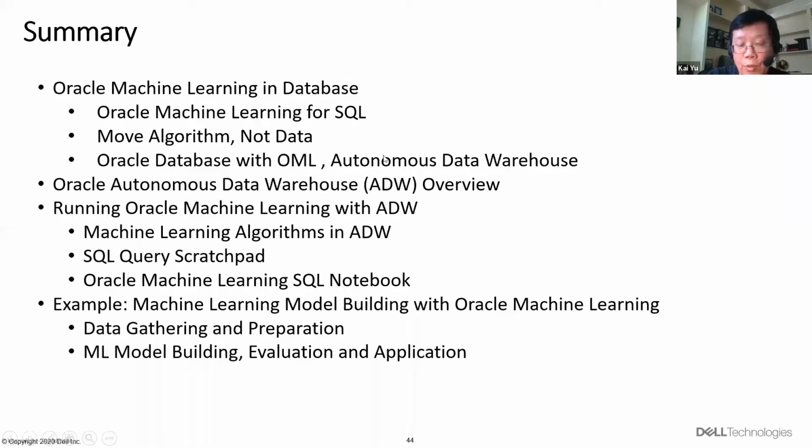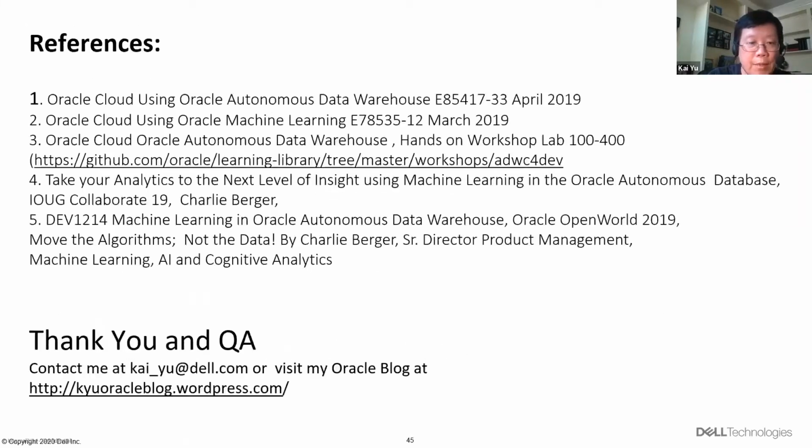But the top one is part of Oracle RDBMS 12c, a feature called Advanced Analytics Option, which is already part of the Oracle database. If you want to know more, there are definitely a lot of references.